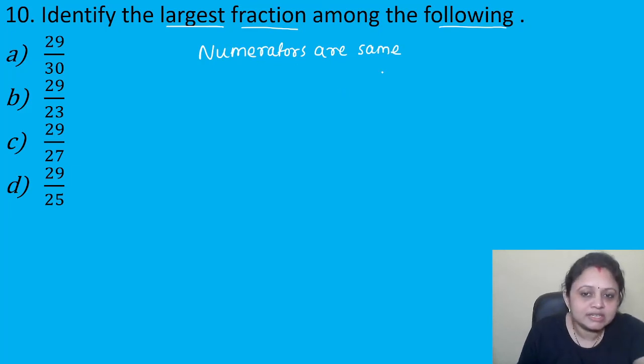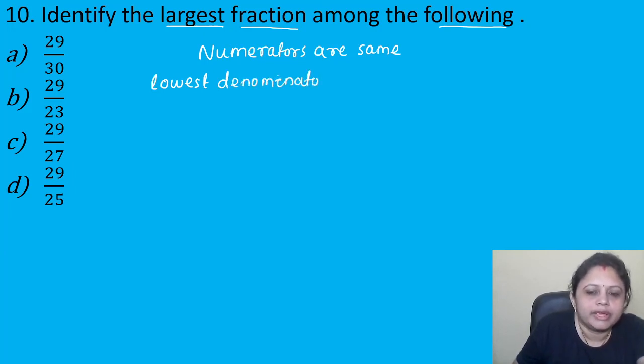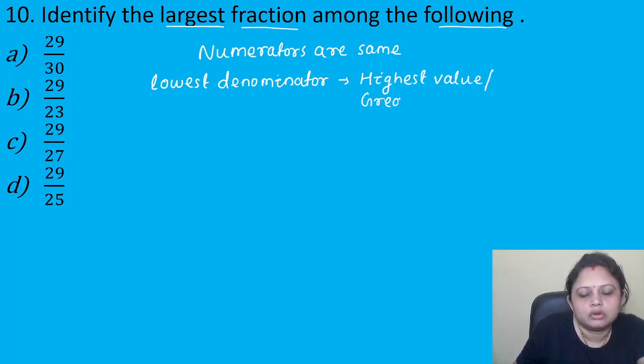So when numerators are same and denominators are different, then the lowest denominator will show the highest value or greatest number. Okay, so numerators are same, that is 29.